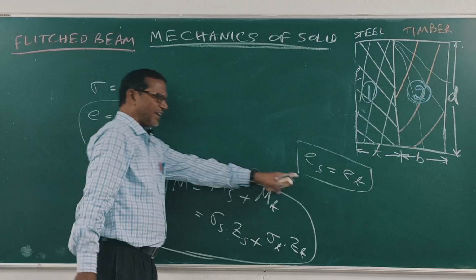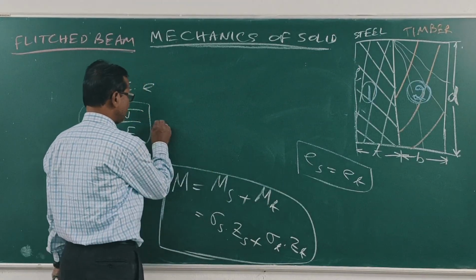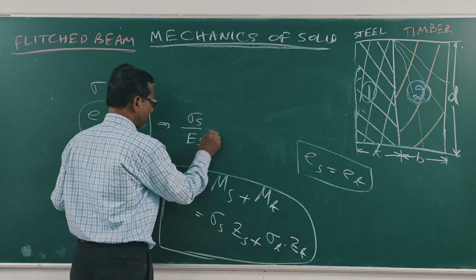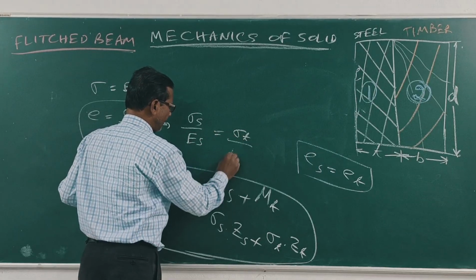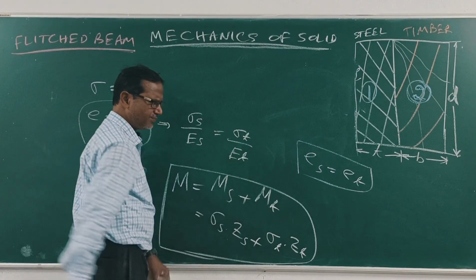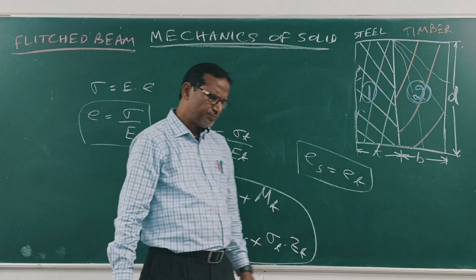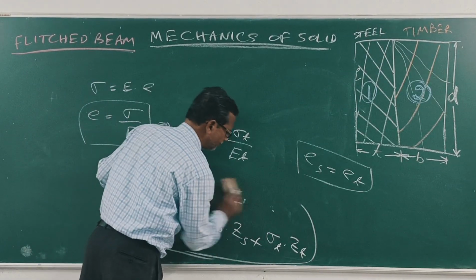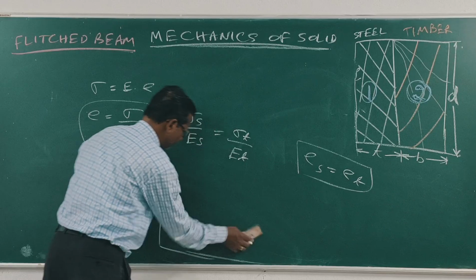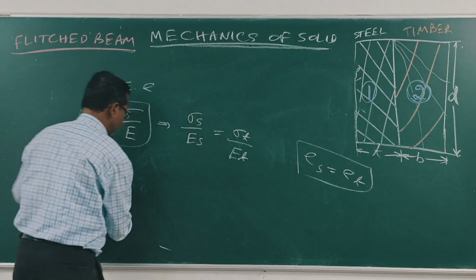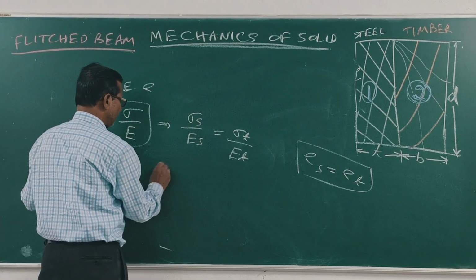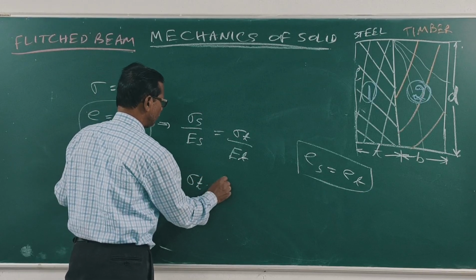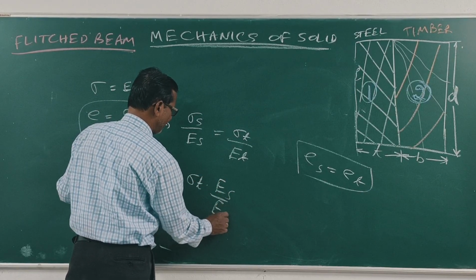So here εS and εT, this implies sigma s by ES is equal to sigma t by ET. Clear? This implies sigma s is equal to sigma t into ES by ET.